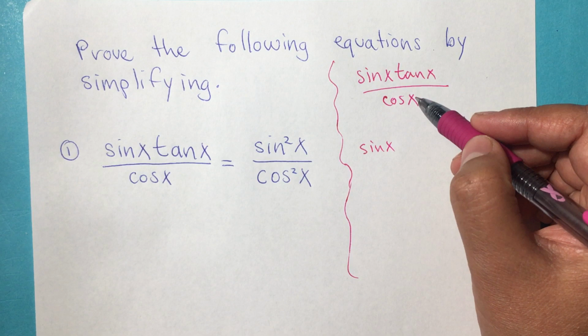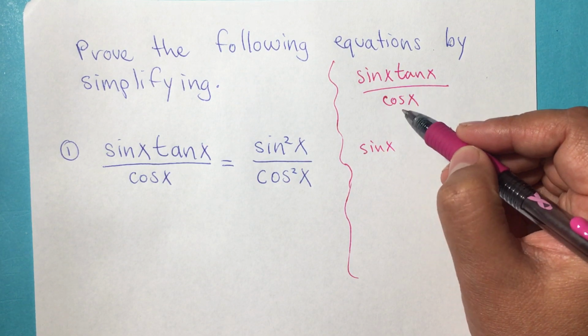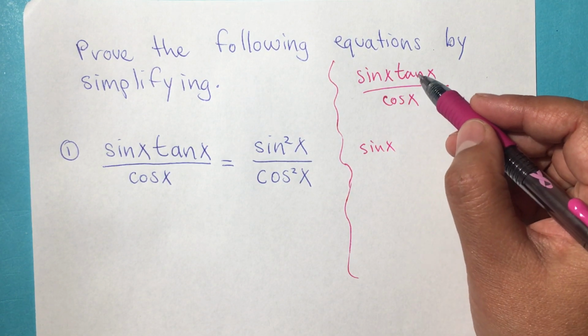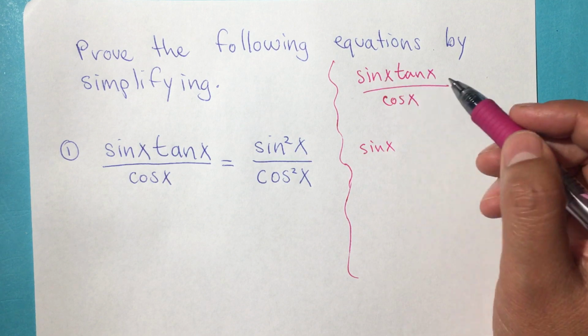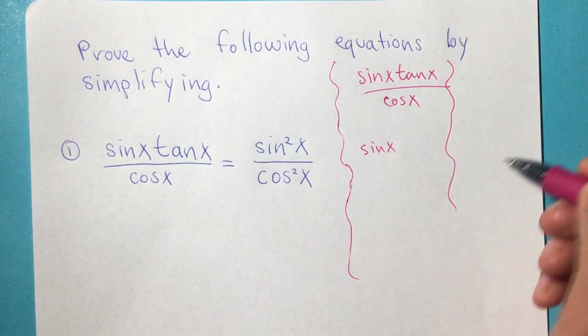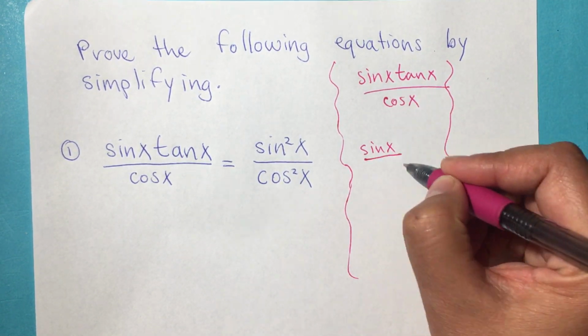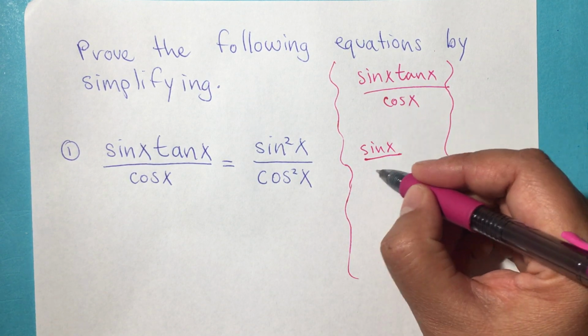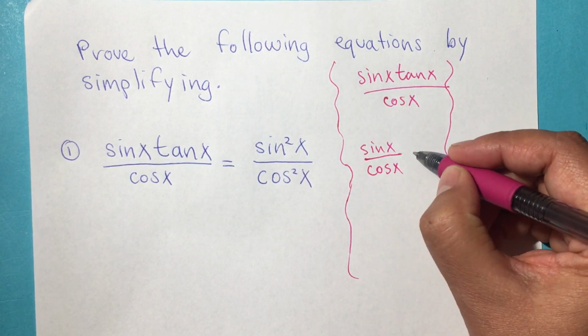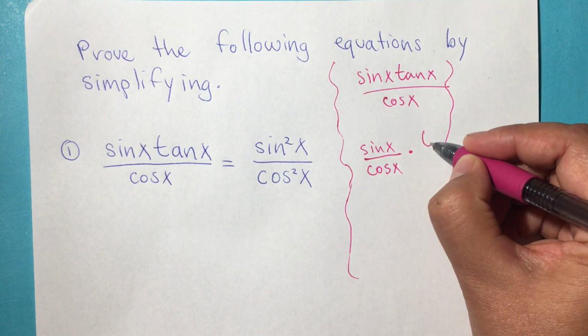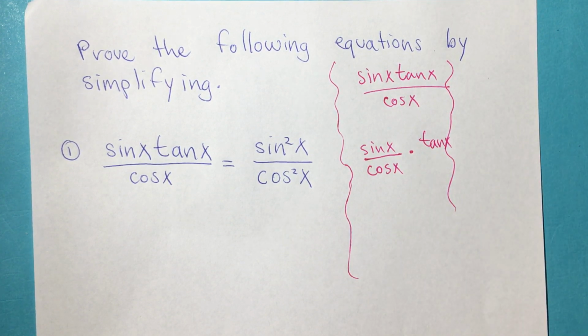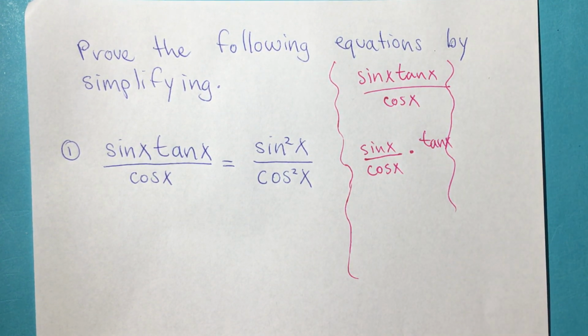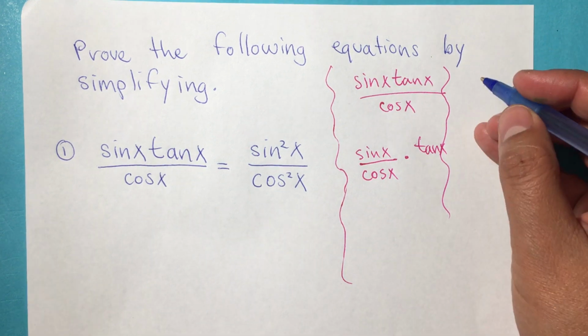In multiplication, I can just leave the denominator with one of the parts in the numerator. For example, if I have sine of x, I can divide it as sine of x over cosine of x times tangent of x.